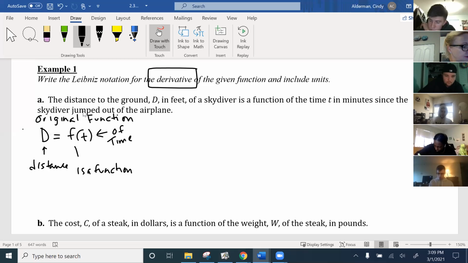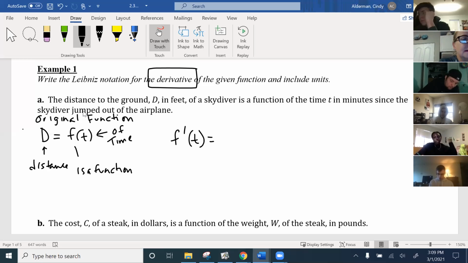Okay, so if we're writing this in regular old notation, we could say f prime of t is equal to the original function's derivative.